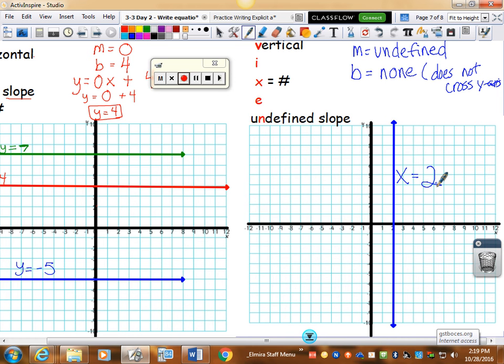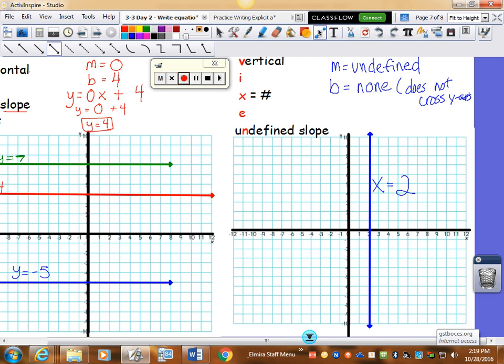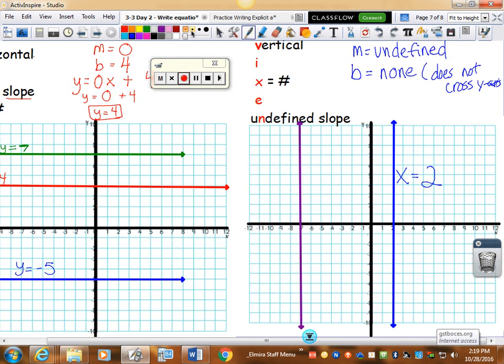That's it. Okay, let's do this in another color. All right. Let's say I saw a vertical line here. It's a vertical line, vixen for vertical. That means it's x equals a number. What number is it? -7.